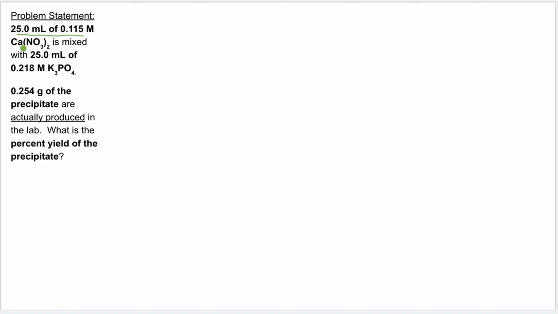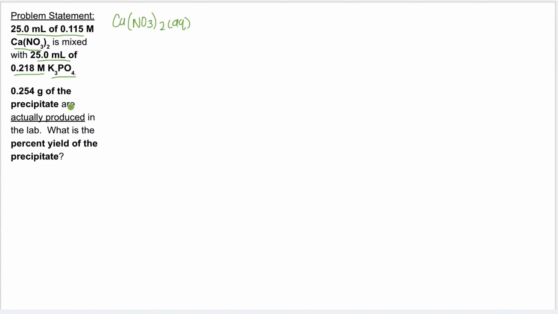We're dealing with a solution of calcium nitrate being mixed with another solution of potassium phosphate. So before we even engage with the numbers, I'm going to propose that we write out a balanced chemical equation. Since both of these have a volume and a molarity, we're going to assume that the calcium nitrate and the potassium phosphate are both aqueous solutions.